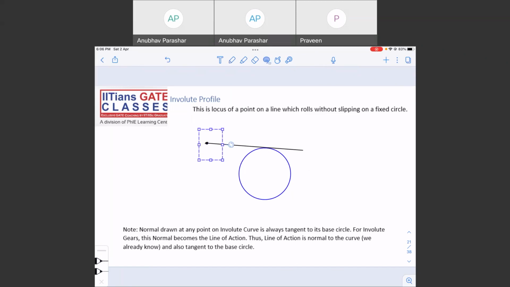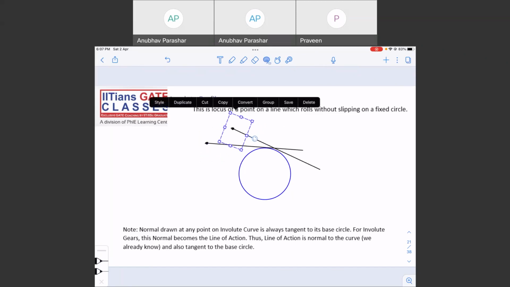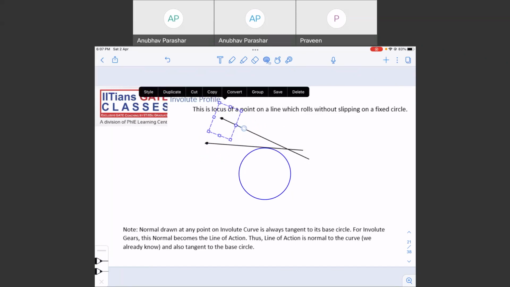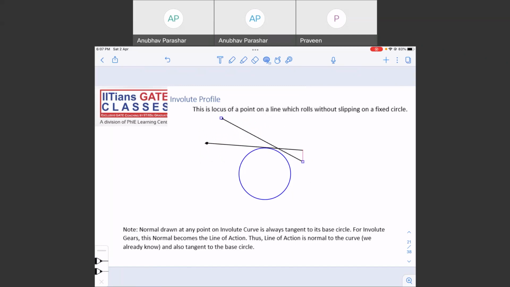Now, if I keep on rotating this line, or let me say rolling this line on the circle without slipping, you can see this line is rolling on the circle without slipping, right?